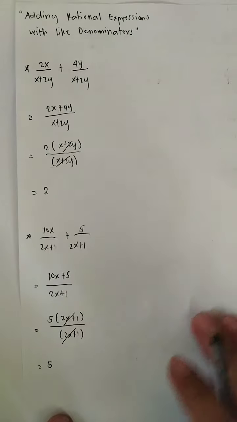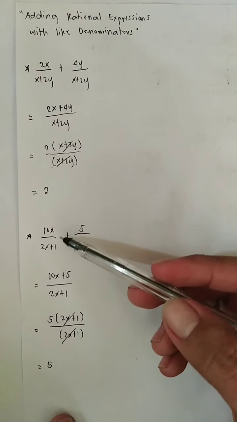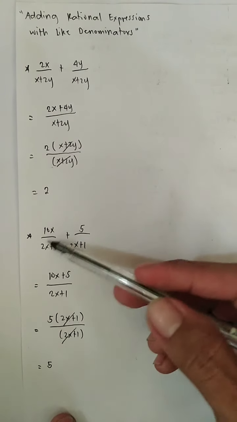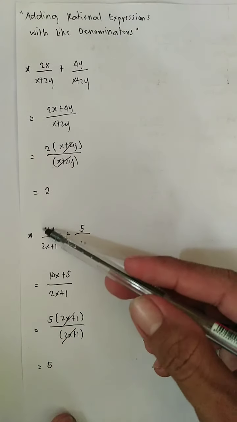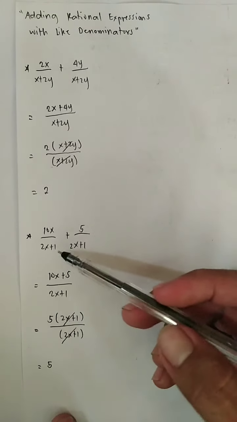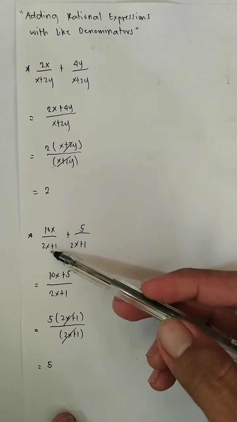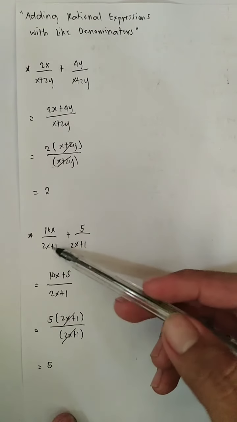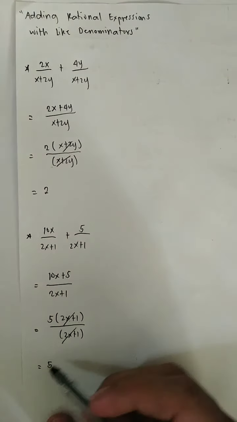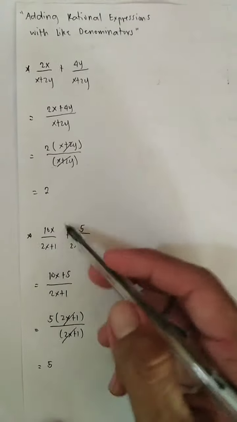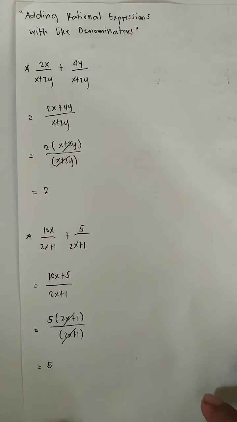So by adding rational expressions with the same denominators, just add the numerators directly, copy the denominator, and don't forget to simplify afterwards. That's all for the addition of rational expressions with like denominators.